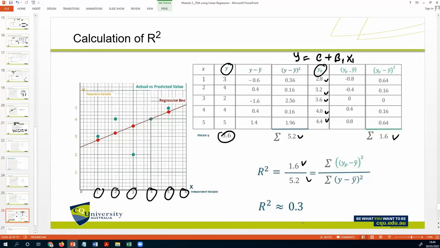So the R square will be 0.3. This is how we calculate the R square.